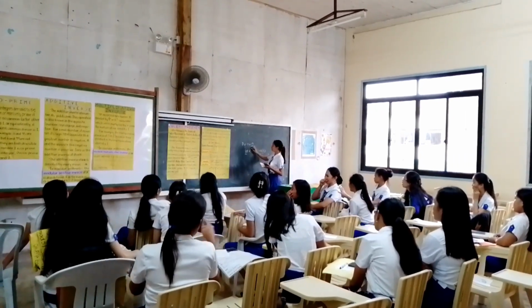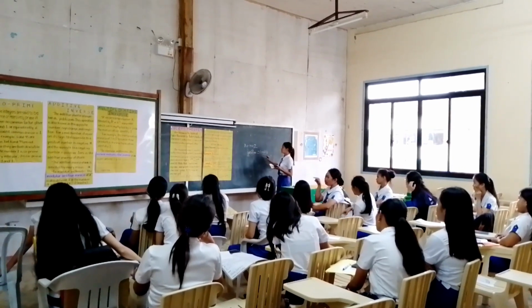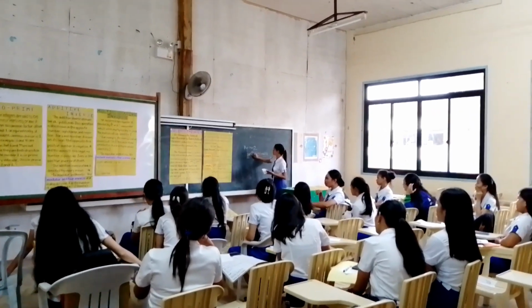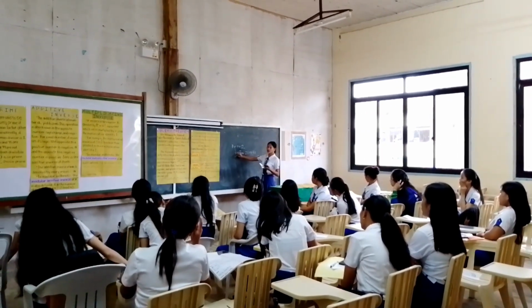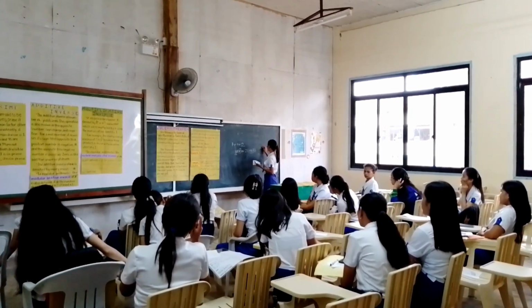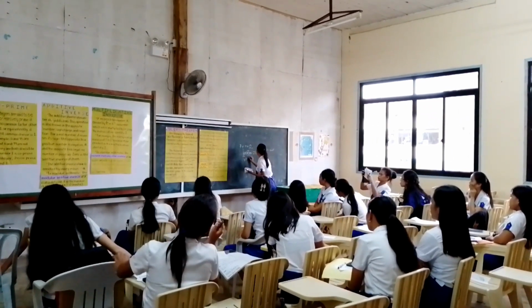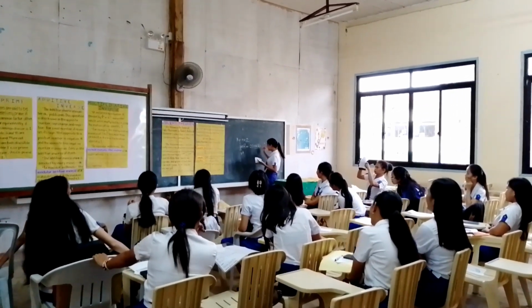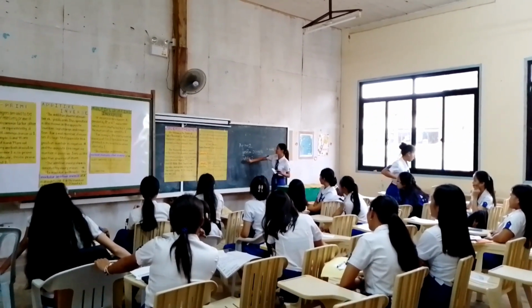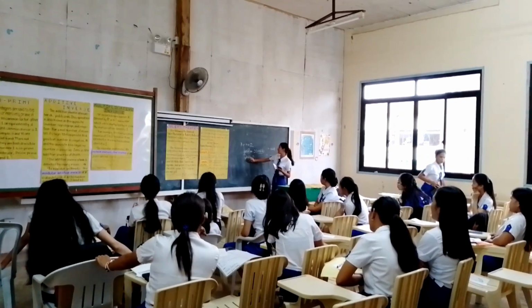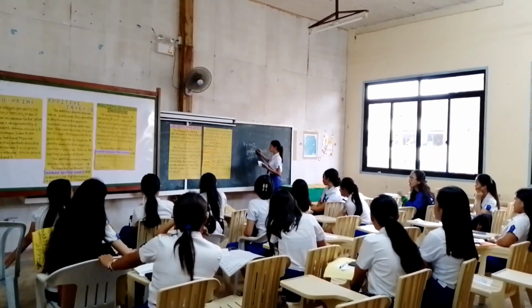To find the value of x, you subtract 11 minus 3, which equals 8. So 3 plus 8 equals 11. 11 divided by 11 is 1, so there is no remainder, 0.